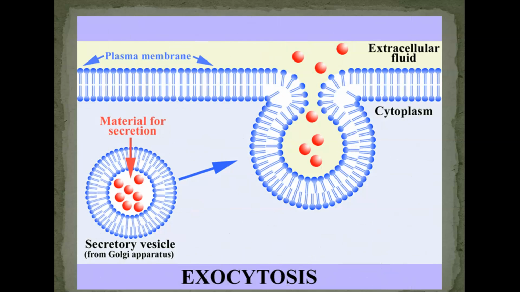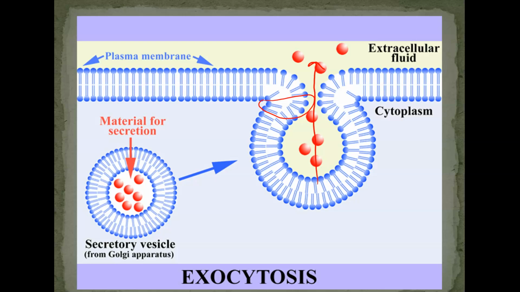So again, if we take a look at what this is going to look like, we have material that's going to be used for secretion. We're going to move over, and we can see that the phospholipid bilayer connects to the cell membrane, and then it will push the material up and out into the outside of the cell there.